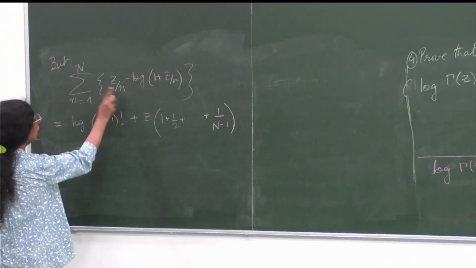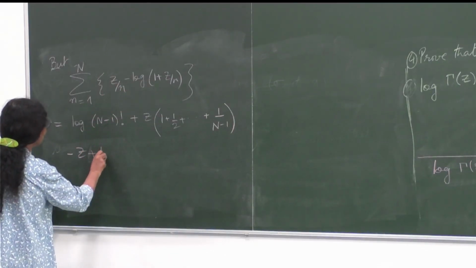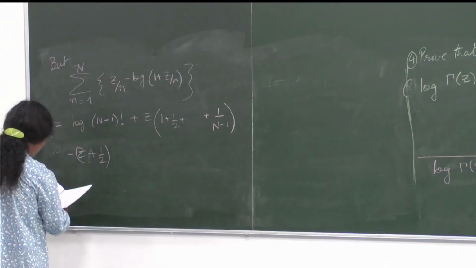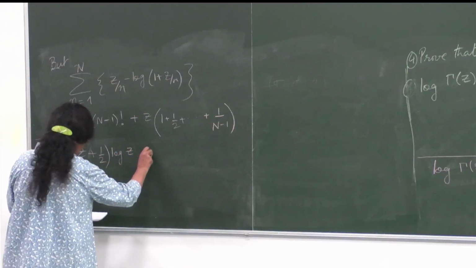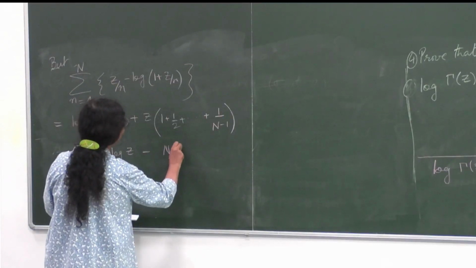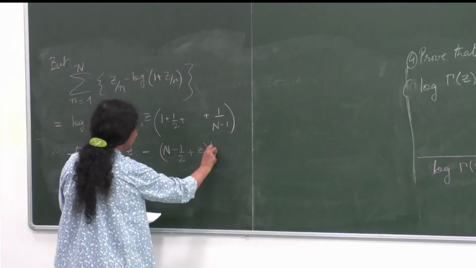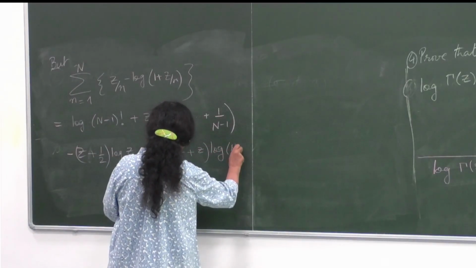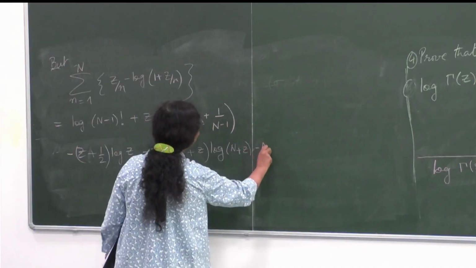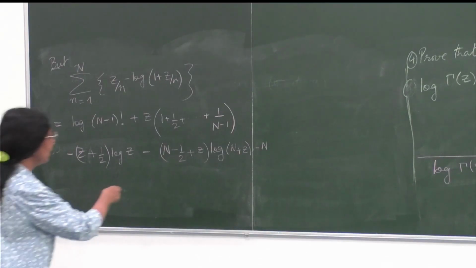Then the next term is minus z plus half log of z, minus n minus half plus z log n plus z, minus n, and then I get an integral which I will take into my error term.